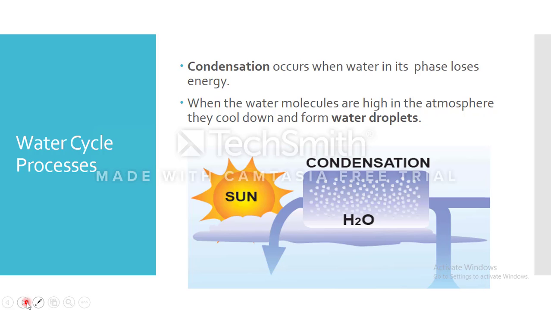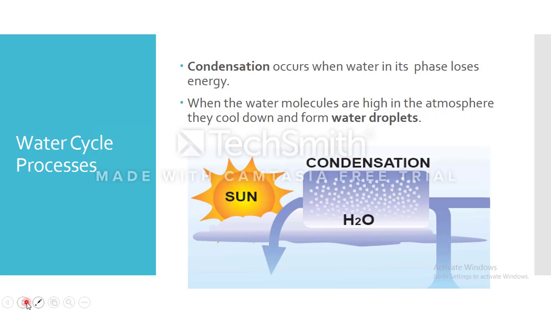Condensation occurs when water in its gaseous phase loses energy. When the water molecules are high in the atmosphere, they cool down and form water droplets. In condensation, the water vapor is losing energy.